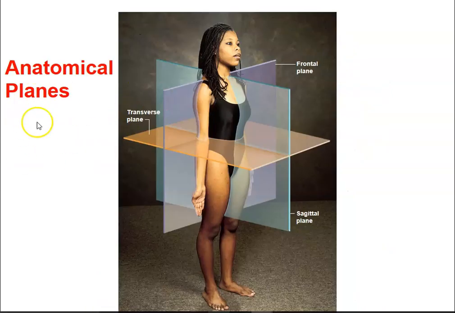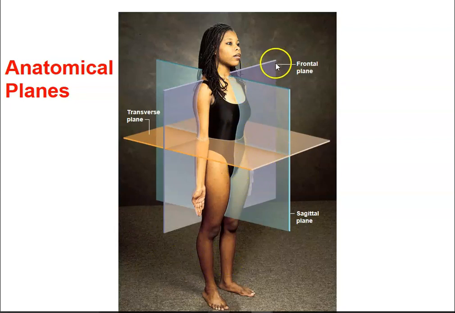The next terminology we need to introduce is the plane. When we dissect the human body, there are different ways to dissect it. We can have the transverse plane, horizontal with the floor. We have the sagittal plane, which splits the person in half.